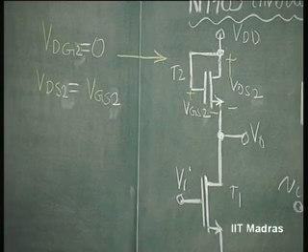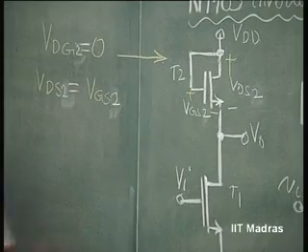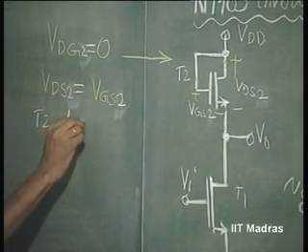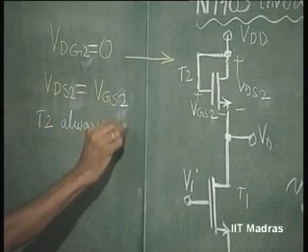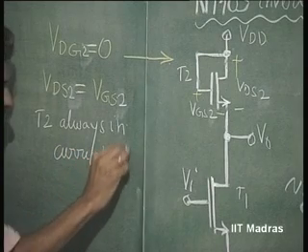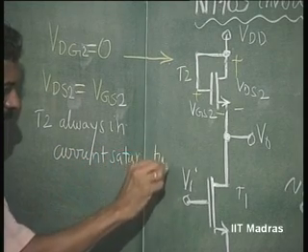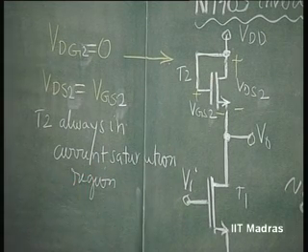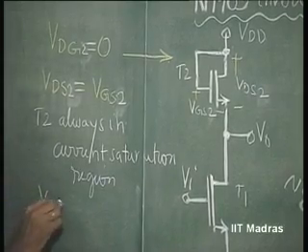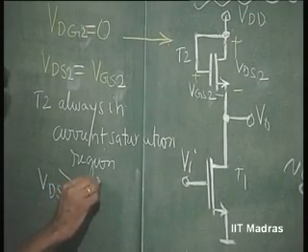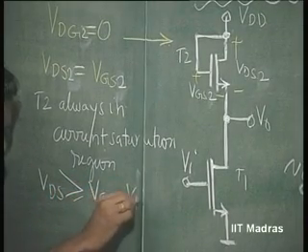So, what is the state of affairs as far as T2 is concerned? T2 therefore is always in current saturation region. Why? A transistor is in current saturation region as long as VDS is greater than or equal to VGS minus VT.